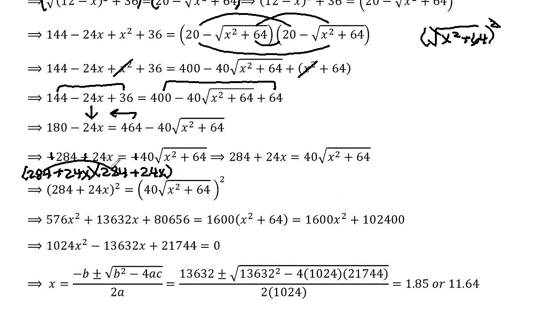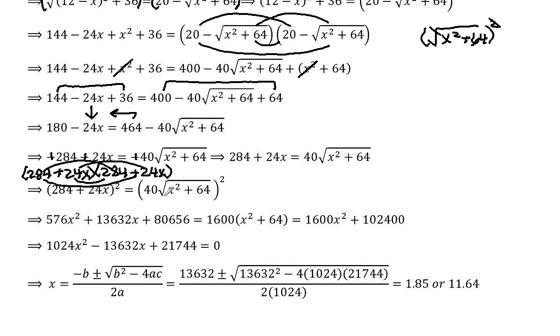So the 284 times 284, that's 80,656. Outer terms, 284 times 24x. Inner terms, another 284 times 24x. Combine those, you get 13,632x. And then the last terms here, 24x times 24x is right here, 576x squared.